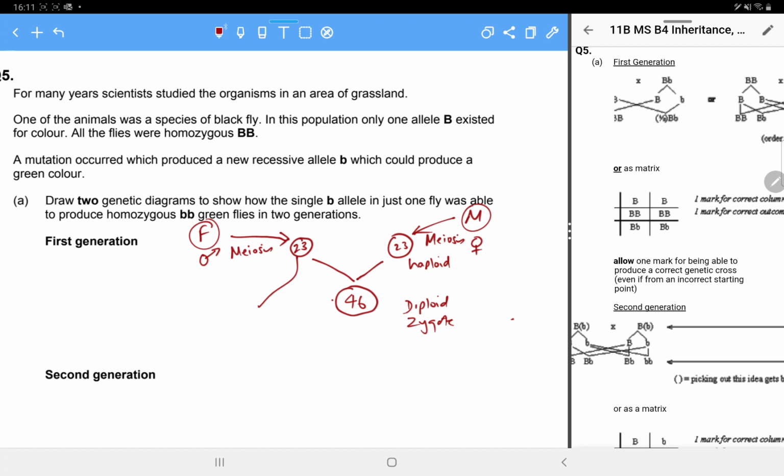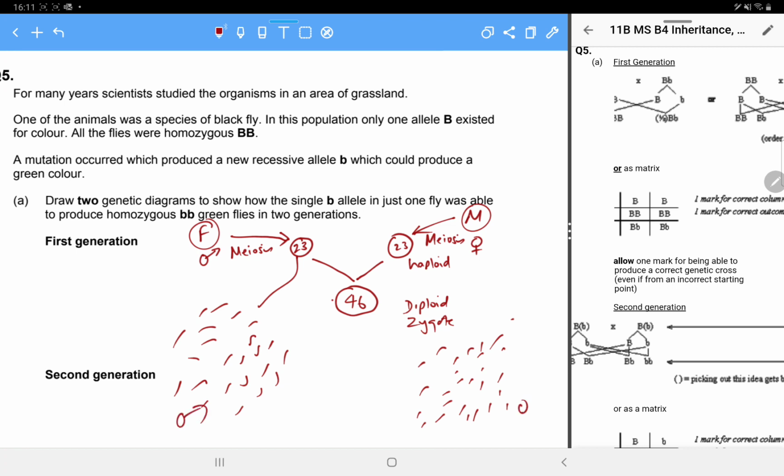Now, the other thing I wanted to just explain here is that when these 23 come together, you've got 23, I'm just going to pretend this is 23 chromosomes from dad, from the male, and 23 chromosomes, pretend that's 23, from the female.